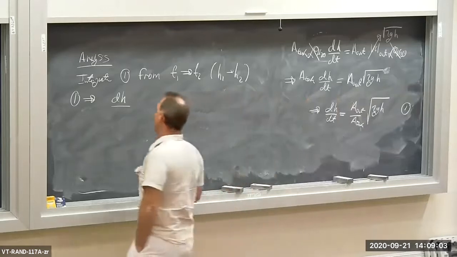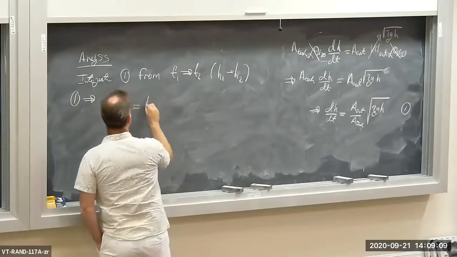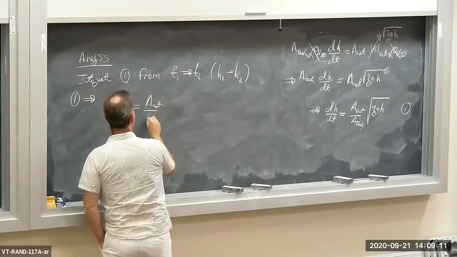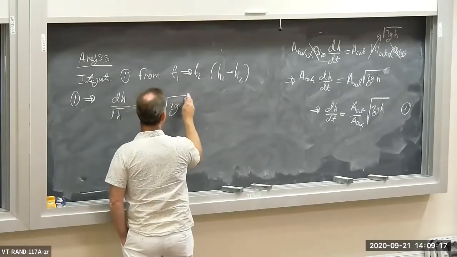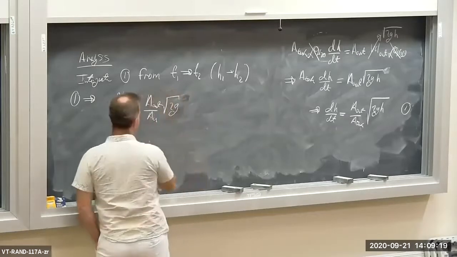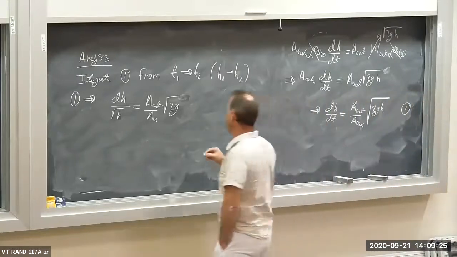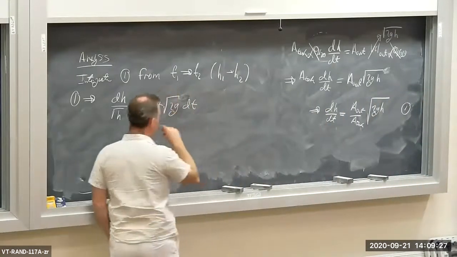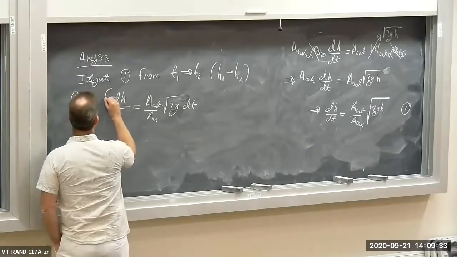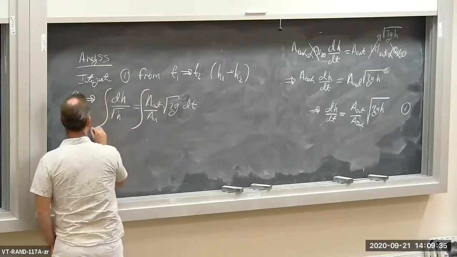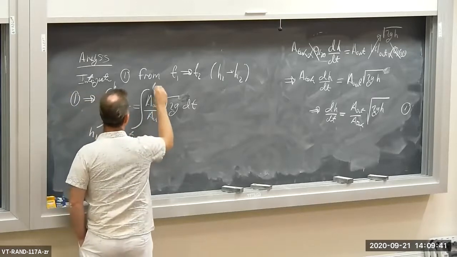The square root h goes away on the right and appears on the left. So I have A out over A tank, and then I have square root 2g. And then I'm going to take the dt and put it over on the right-hand side of the equation. So I have a dt right there, okay? That can be integrated from H1 to H2 and from T1 to T2.